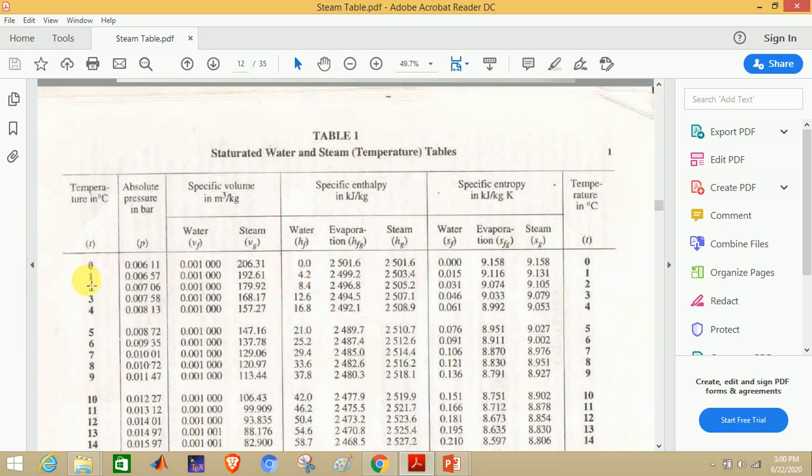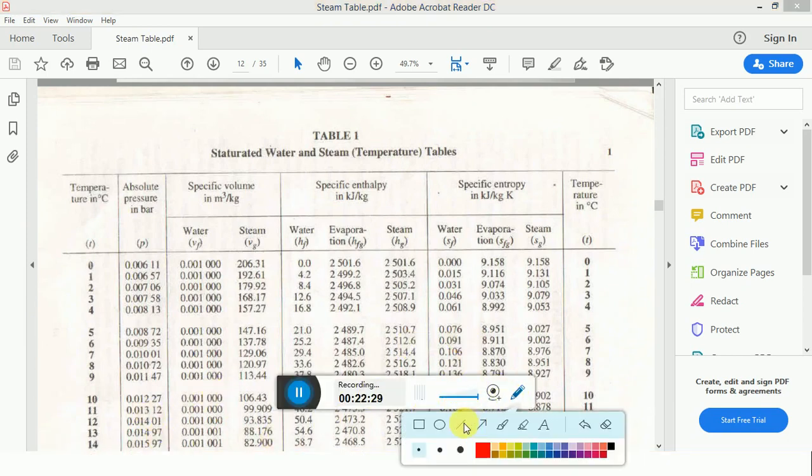So at 1 degree Celsius I will read the hf, which is 4.2. hfg is 2499.2, and hg is the addition of these two, that is 4.2 plus 2499.2, which is 2503.4.